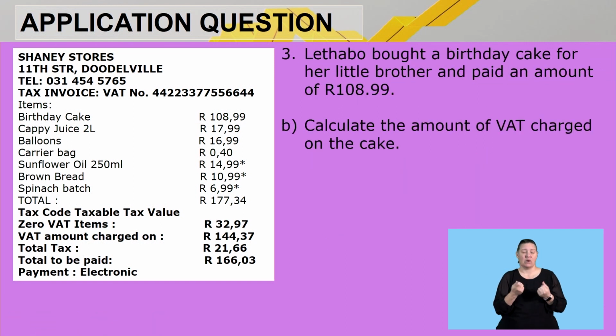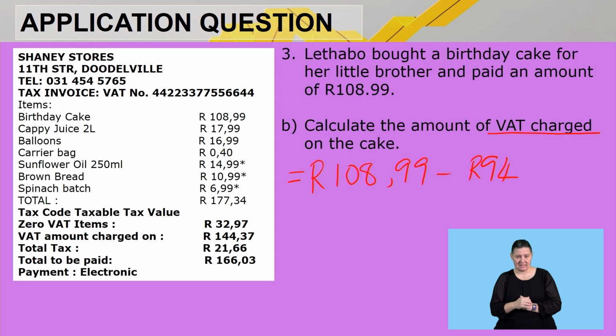Calculate the amount of VAT charged on the cake. So we can take our VAT inclusive amount and subtract our VAT exclusive amount. So the amount charged on this is 108.99 minus 94.77.